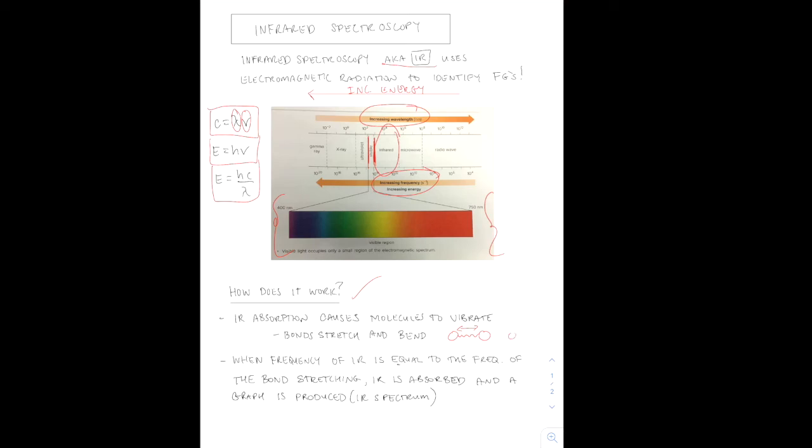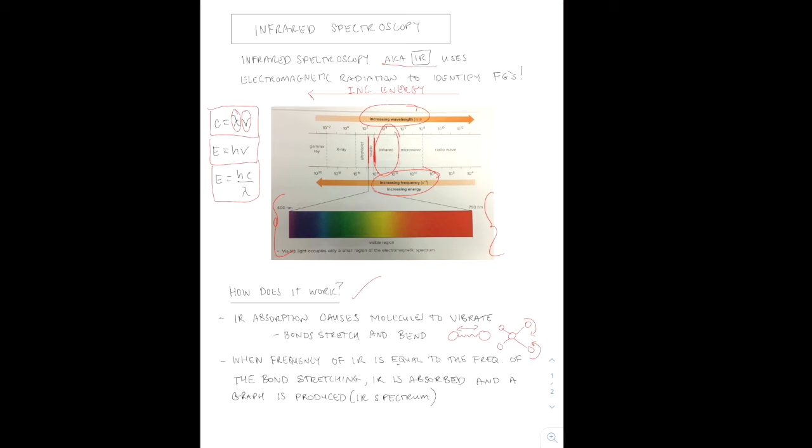Whereas if we had, let's say, something like this, where we have a bunch of atoms bound together, and we can have the bonds bending together as well.